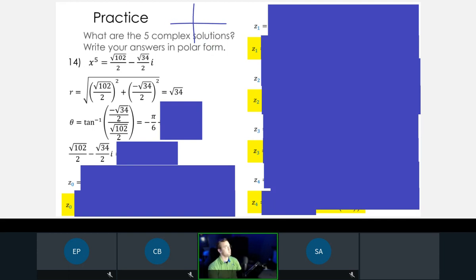Your point is going to be somewhere here. It's obviously not to scale, but it shows that we're in quadrant 4. This angle, negative pi over 6, which quadrant is it in? It's also in quadrant 4.